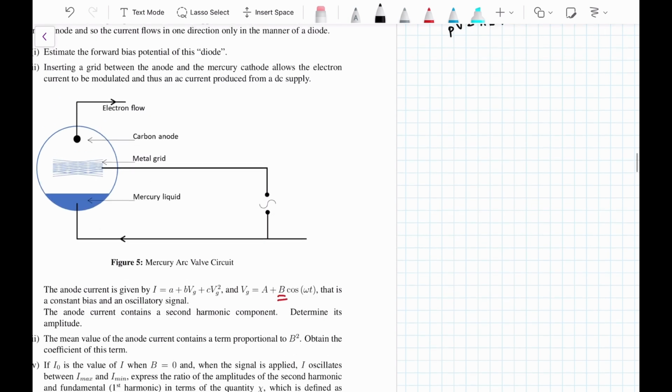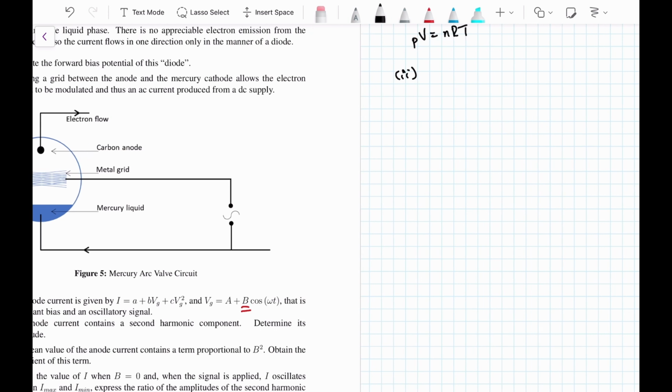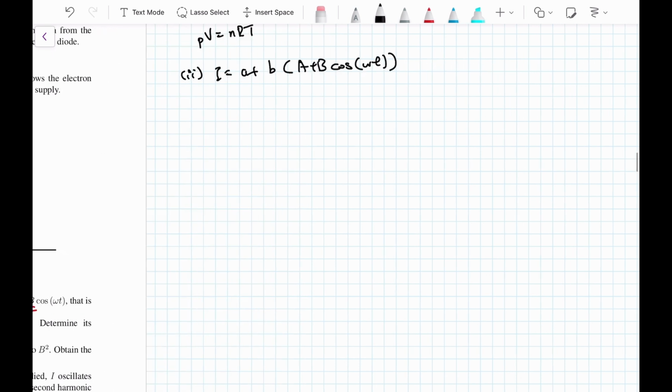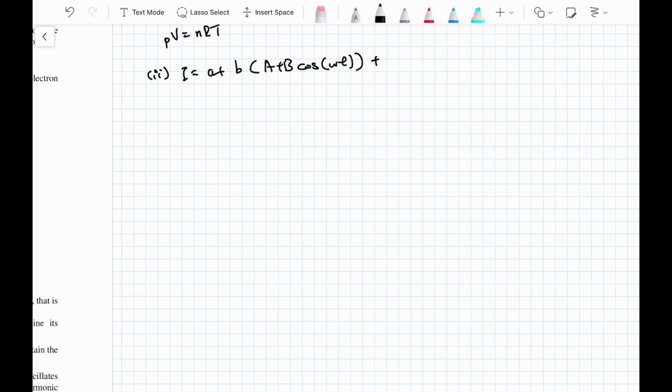What we can do first is substitute Vg in. So I is equal to A plus B cosine omega t, and then plus C Vg squared.